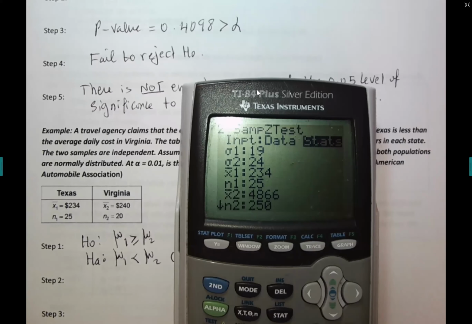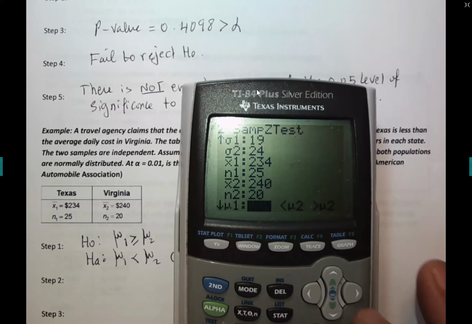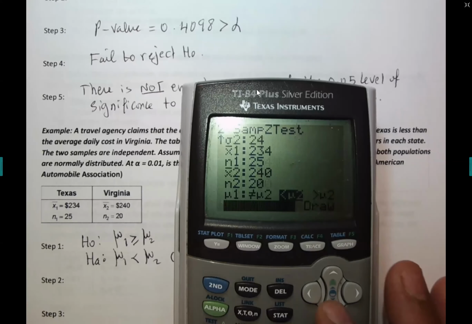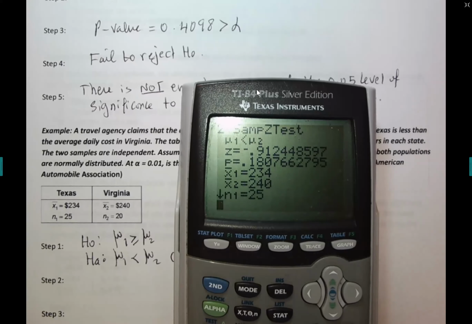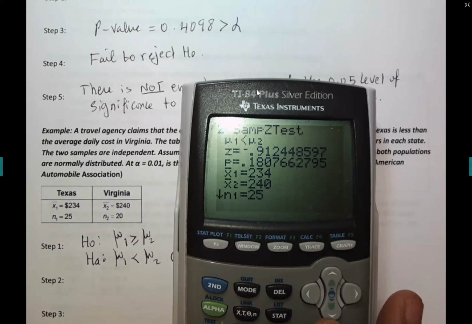X2 bar is 240. They seem to be about the same. And N2 is 20. And we need to check that mu1 is less than mu2. That's my alternative hypothesis. And here you go, guys. Calculate. So I'm done with the calculator. Z is negative 0.91 and the p-value is 0.1808.